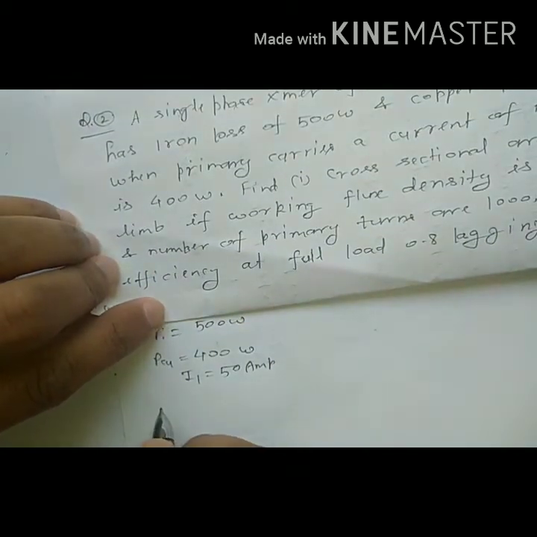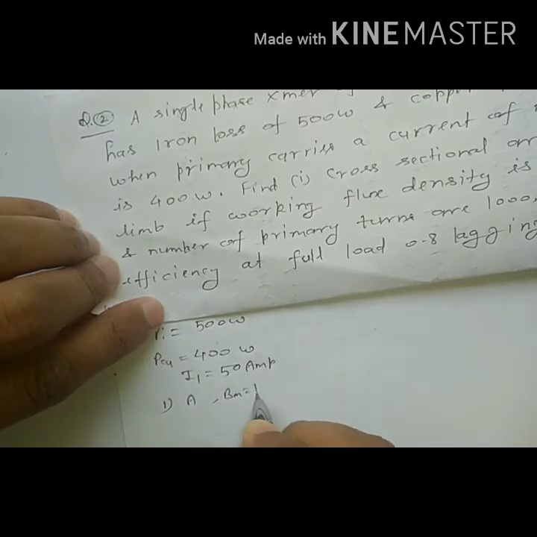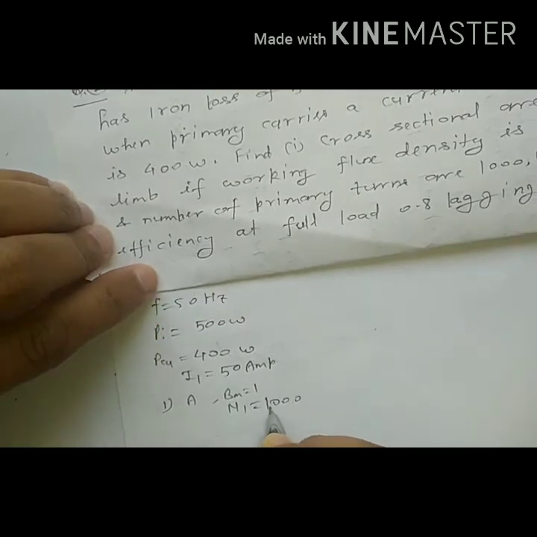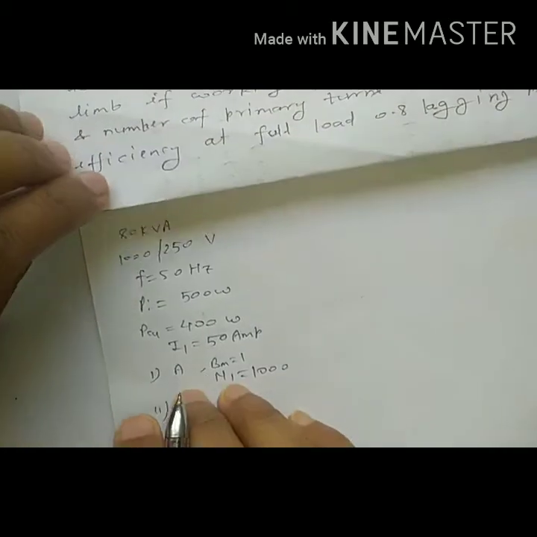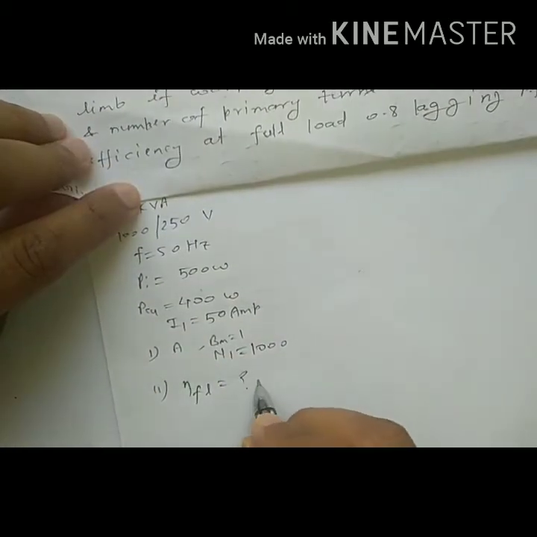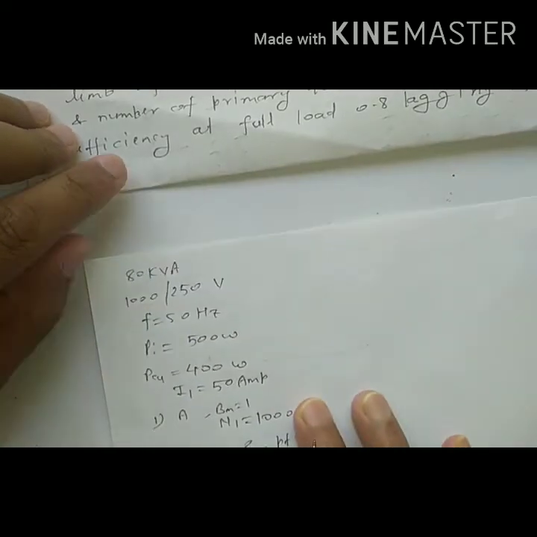What is the first question? They are asking what is the area of limb when flux density is 1 Tesla and primary number of turns are 1000. Second is efficiency at full load, and power factor is given 0.8.